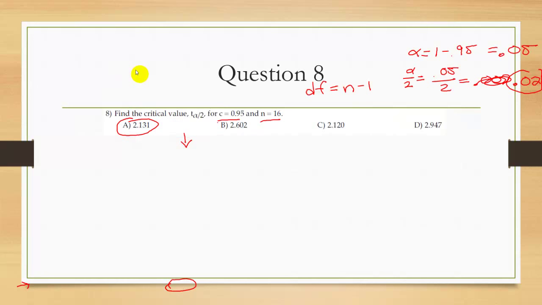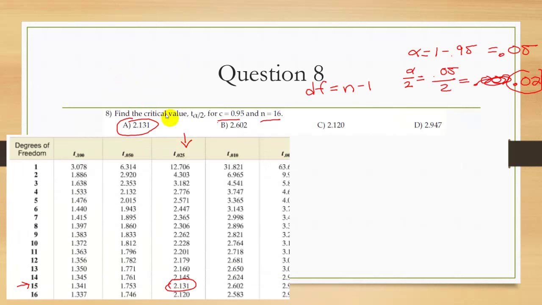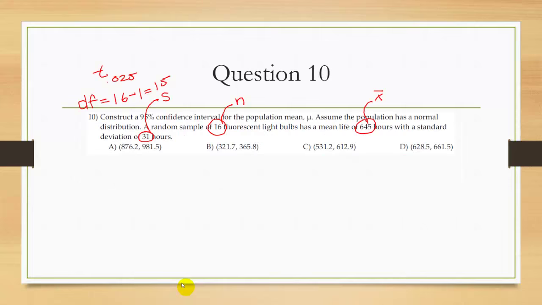Let's go back for a moment. Right, t subscript 0.025, degrees of freedom being 15, we found that already to be 2.131. So in a way, this is a continuation of number 8. That's just a coincidence, though. I'll try not to do that on your actual test. So we have 2.131 as our t, our critical value.